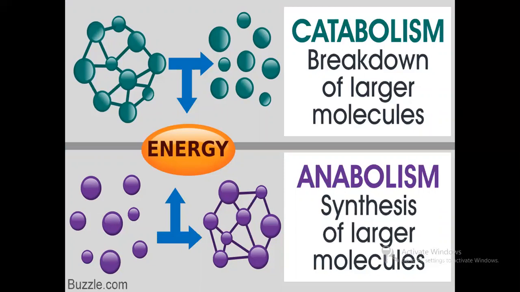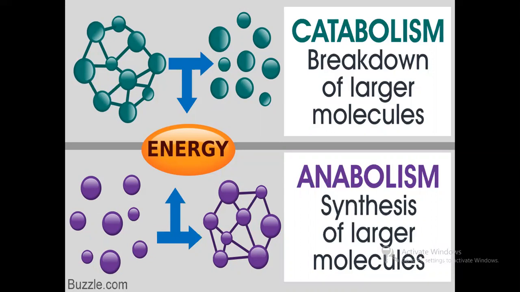So metabolism can be further distinguished into two phases. One is catabolism and the other is anabolism. Catabolism, as you can see on the screen, is the breakdown of larger molecules.